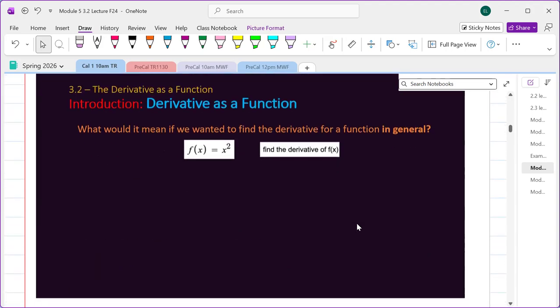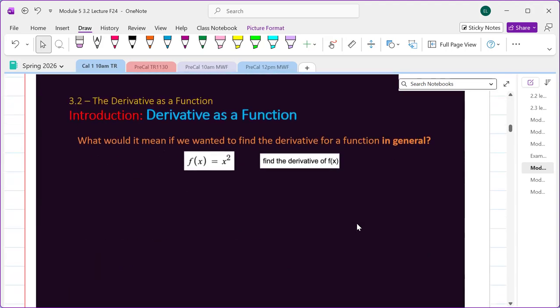But now the question is, could we do that in general? Instead of just calculating the derivative at x equals 4, what if I wanted to calculate the derivative for like 5 different numbers? It'd be a pain to do that same work for 5 different numbers, especially when I could just do the work in general once and get a formula for the derivative, and then I could plug in whatever numbers I wanted.